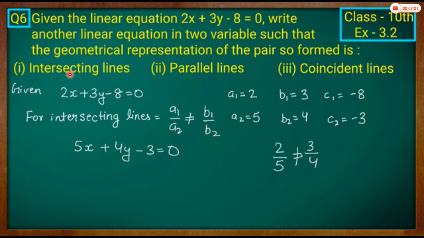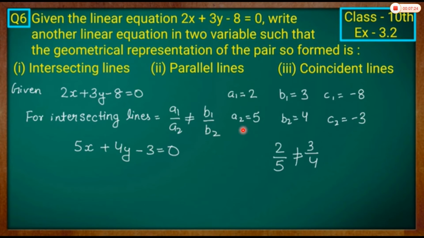For intersecting lines, we know that a1 by a2 is not equal to b1 by b2. So take any values for a2 and b2, but these values should satisfy this condition.